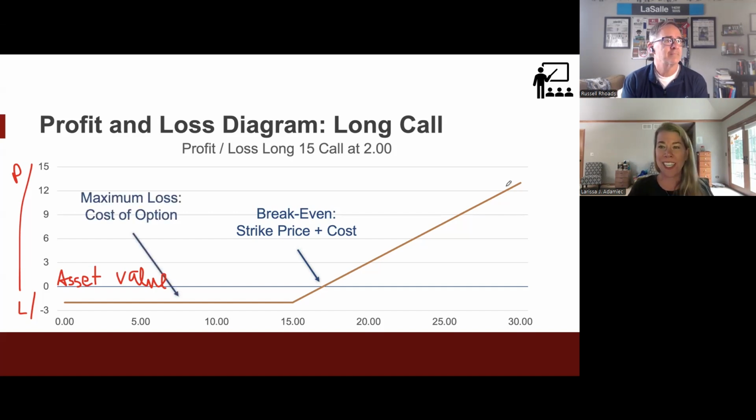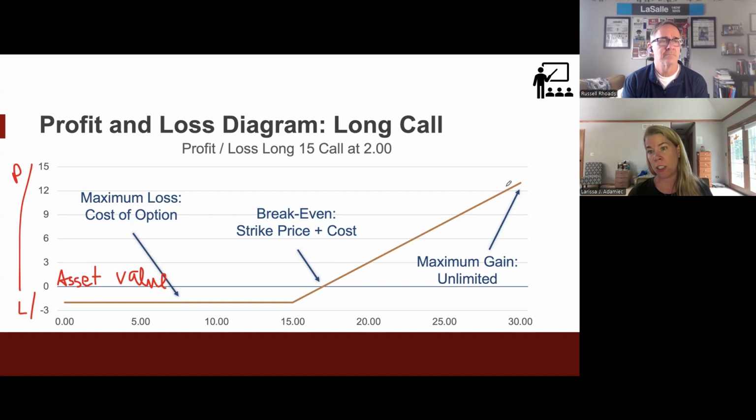The most we can lose, because we are long that option, is the $2 we paid. It is not the $15 that would be the case in a long stock. It is only $2. And similar to the long stock, we have unlimited gain. What this graph doesn't show you is that compared to the long stock, our long call has a $2 drag.